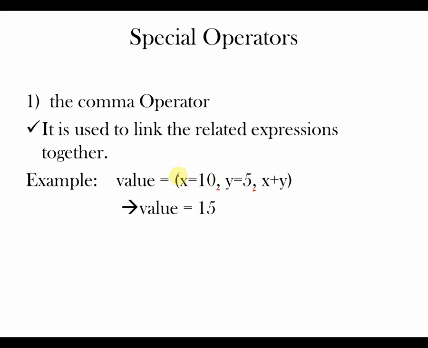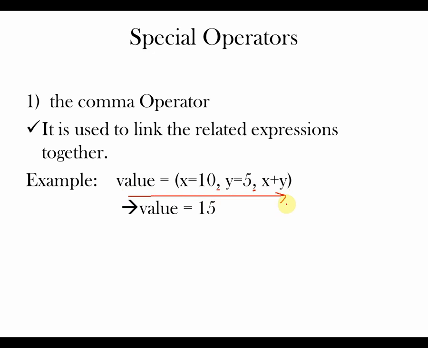Value equal to, there is a bracket, x equal to 10, y equal to 5, comma x plus y. Now you have to remember that these expressions are evaluated from left to right. So it's always from left to right, the direction of operation. And the value of the rightmost expression is the value of the entire expression.